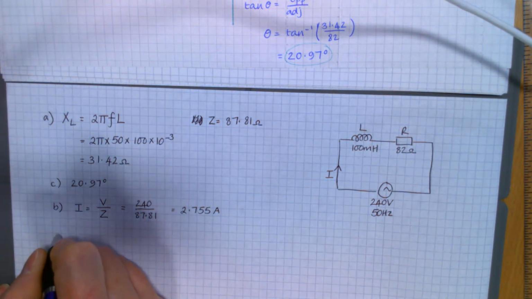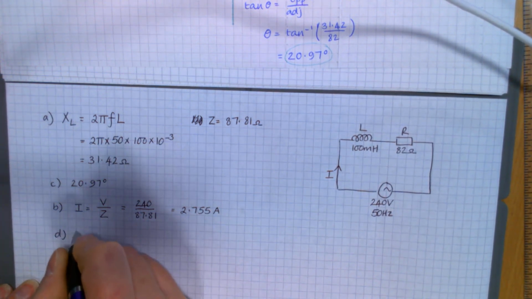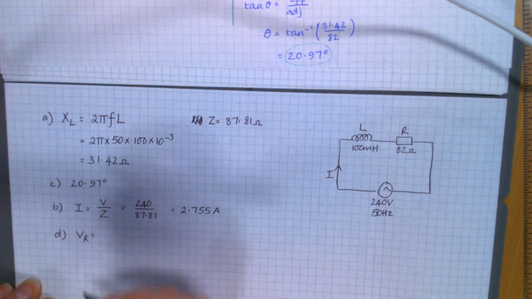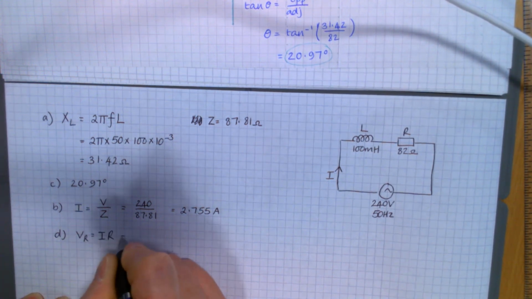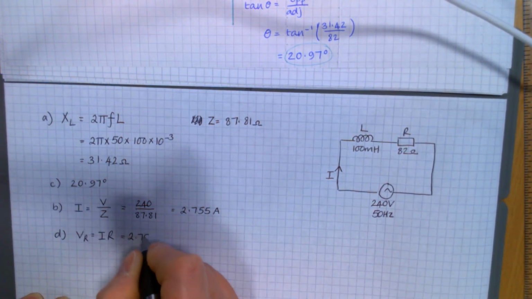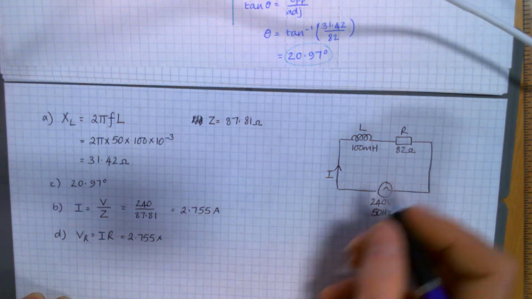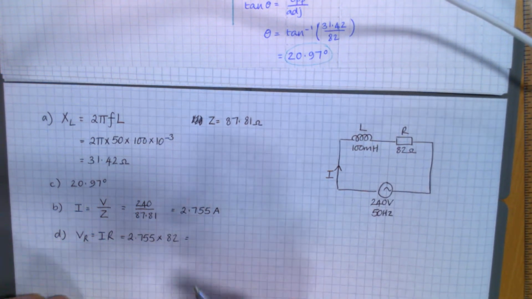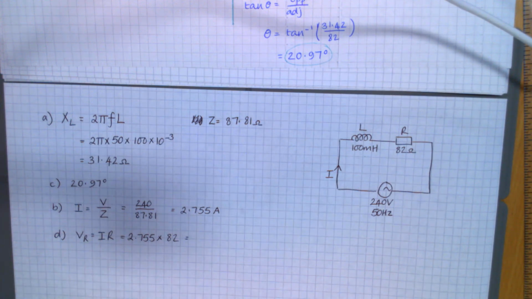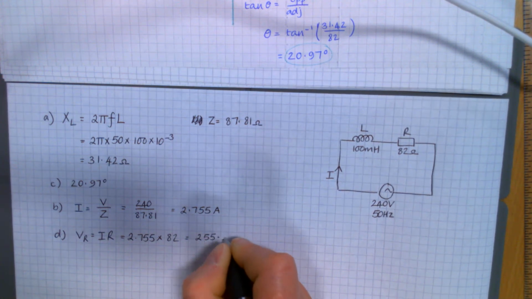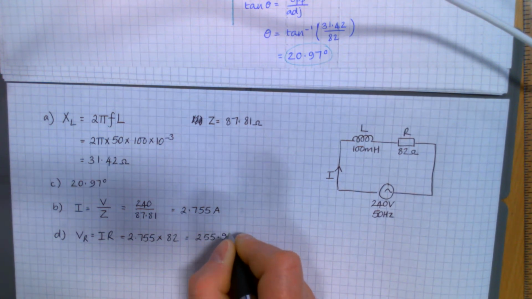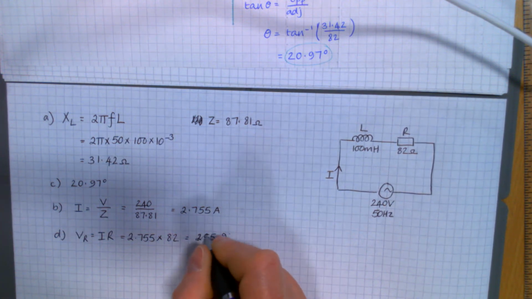Now we're on to the voltage across each component. For VR, V equals IR, so you're just going to stick with that. It'll be that 2.755 times the value of the resistor, that 82 ohms. That gives you 225.91. No, 225.91, I was wondering there.